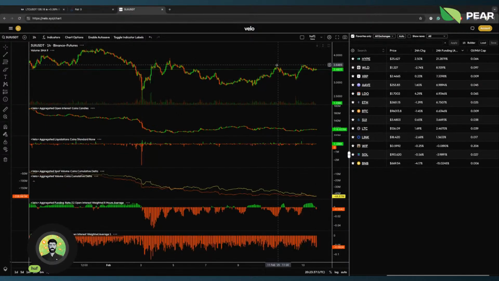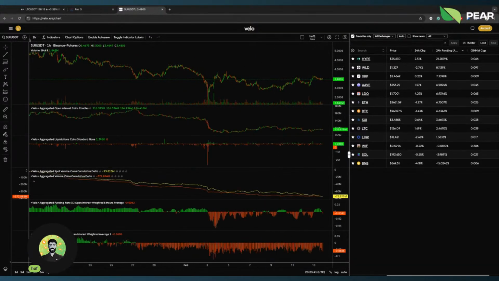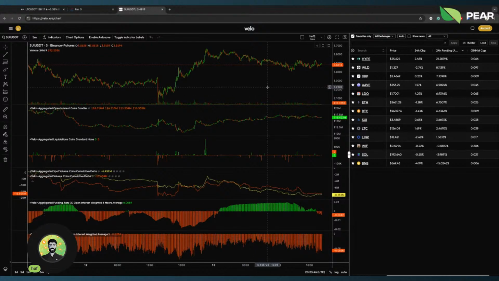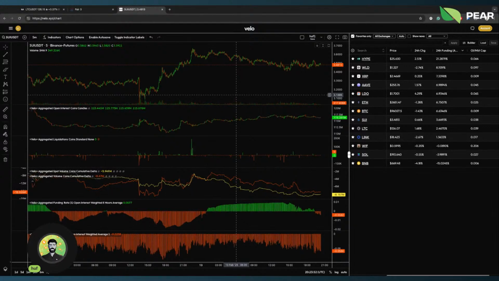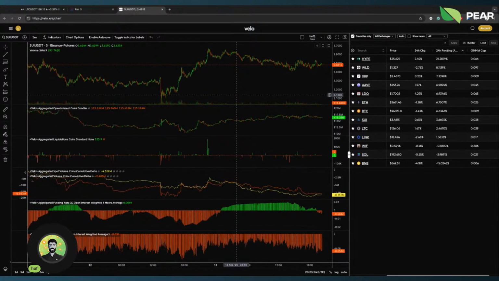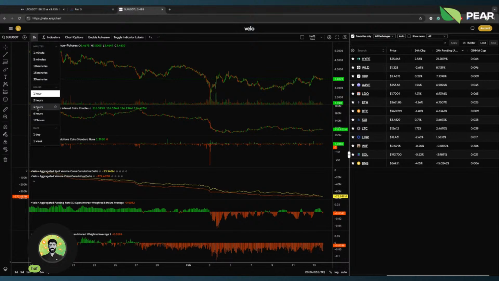SUI is something that I'm looking to short whenever there is a pop in this thing. And part of the reason for that, I'm going to zoom in a little bit, is just because this is like consistent spot selling of this thing. Ever since there was some token unlocks, we've seen CVD delta, so spot delta, it's just been trending lower and lower, especially if I go to a higher time frame.